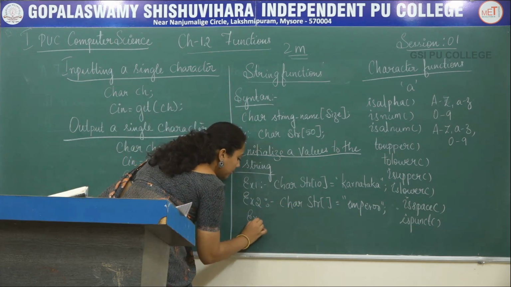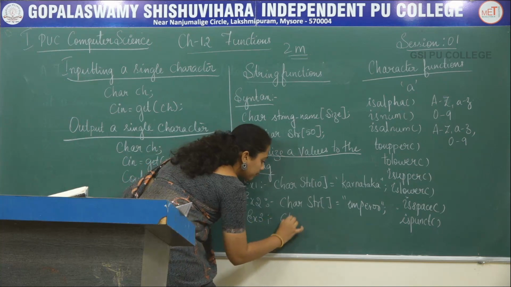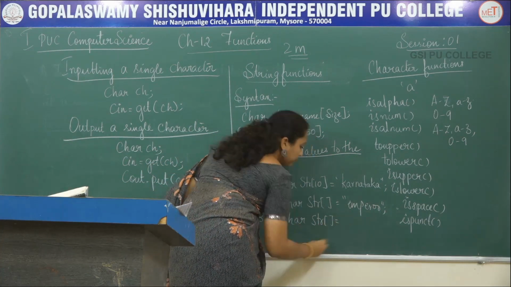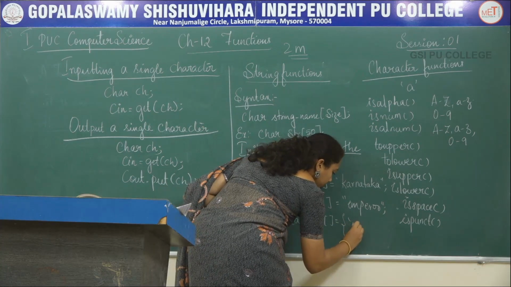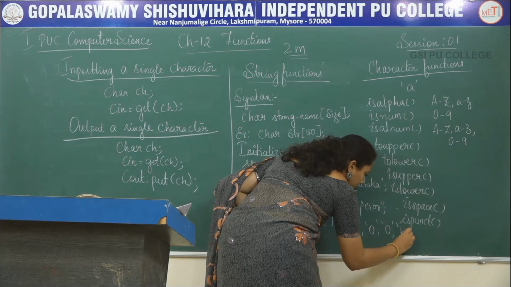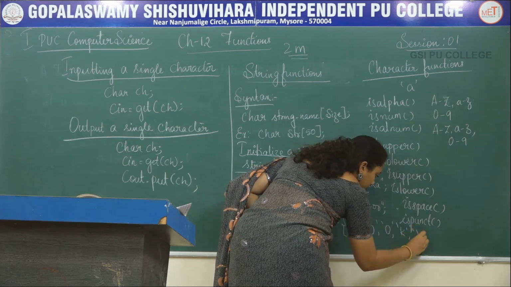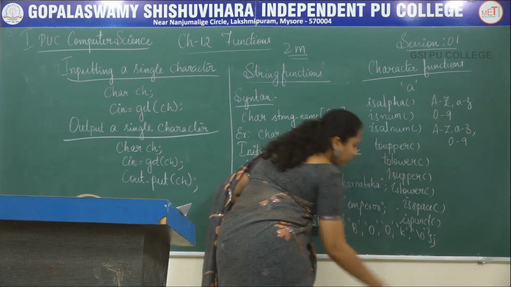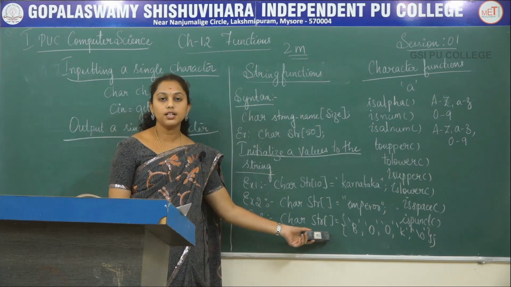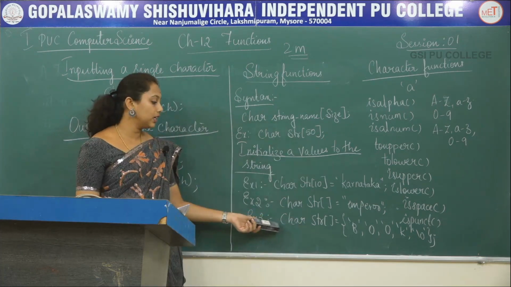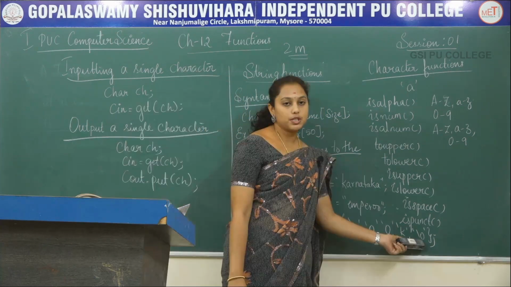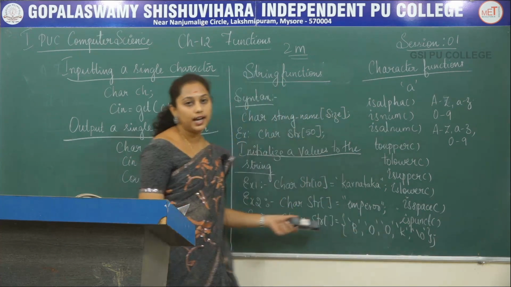Next example. In this example, we have not mentioned the size, and here the string is initialized character wise, hence we specify a null character at the end.